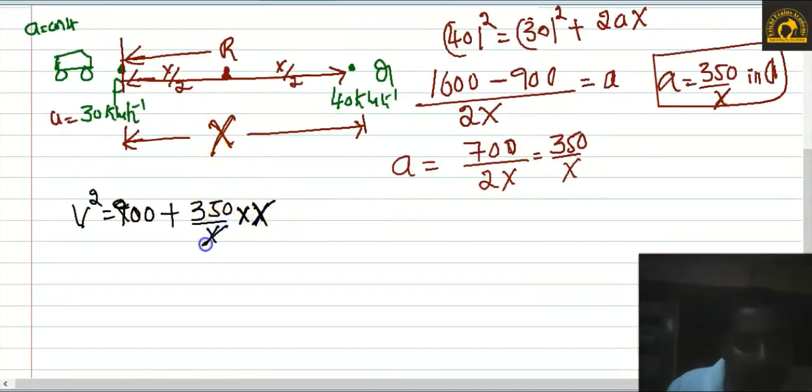So now x gets cancelled. So v square is equal to 900 plus 350, which is 1250.